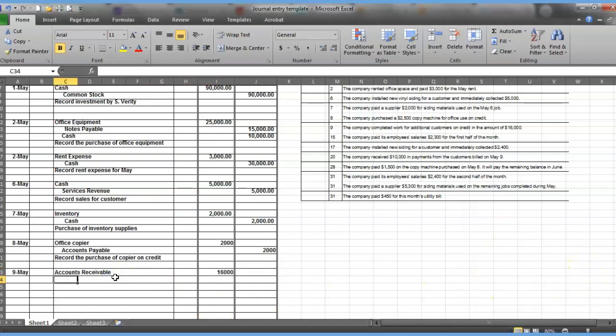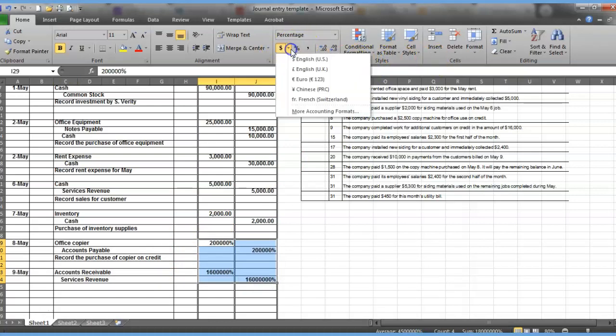Now, revenue is the same thing. I'm going to call it sales revenue. Well, actually, I'm going to be consistent. Services revenue of $16,000. And I'm going to just make my little changes here.